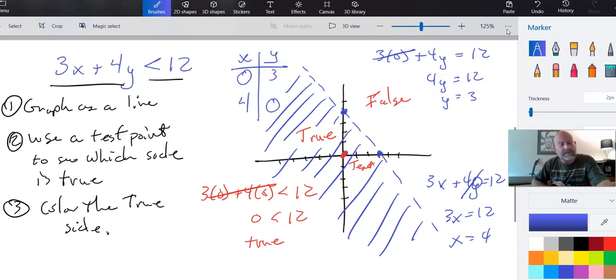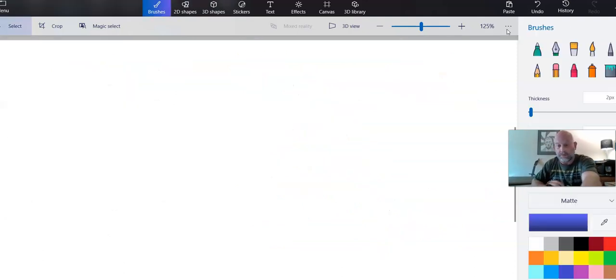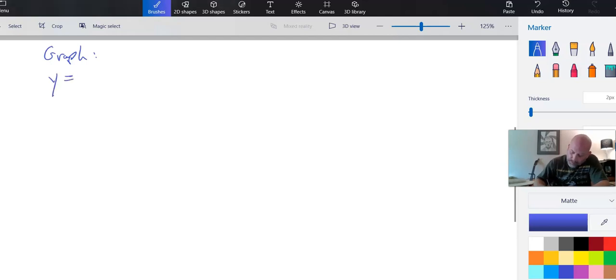Okay, so let's go ahead and take a look at another example here. You have all the pieces you actually need right now, but let's test and see how you do. Let's see if you can graph the solutions to y is greater than 2x.